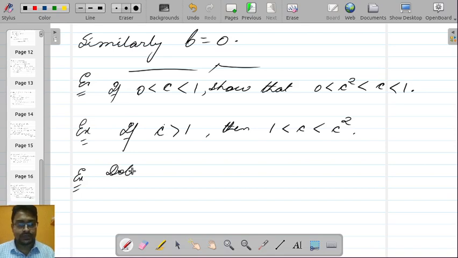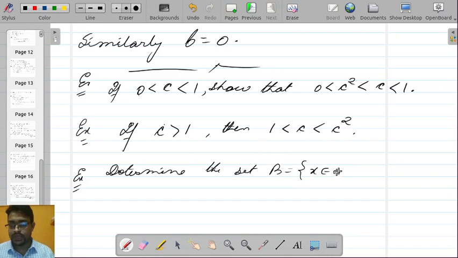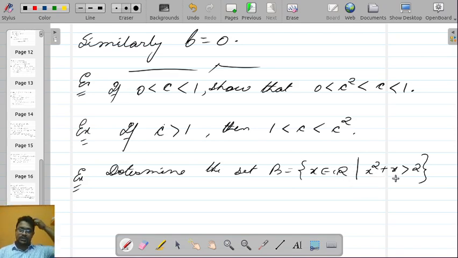Determine the set. So we have to use properties of inequality. Determine the set B equal to the set of all those x in R such that x square plus x is greater than 2. So you find out for which values of x, and you have to describe this particular set. You have done this similar problem in higher secondary also. Try it.